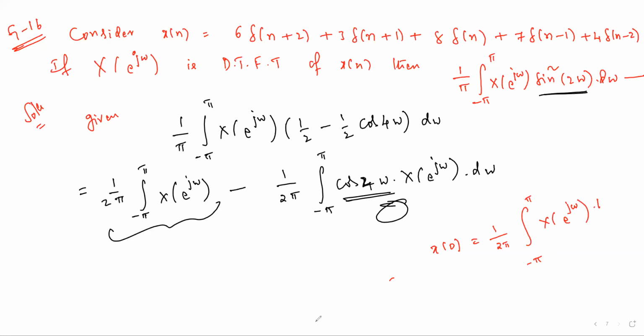This is the expression, so this is x of 0. From the given expression, x of 0 is what we have to identify. We have x of n. There, x of 0 is what? Where the impulse function is at 0, that del of n is the only one. So from this term, x of 0 will be 8. So the answer for this question is 8.